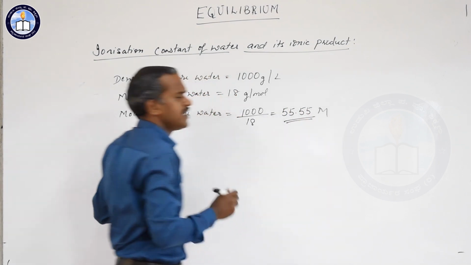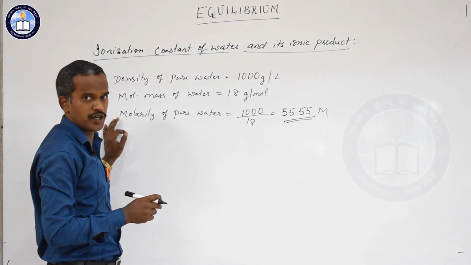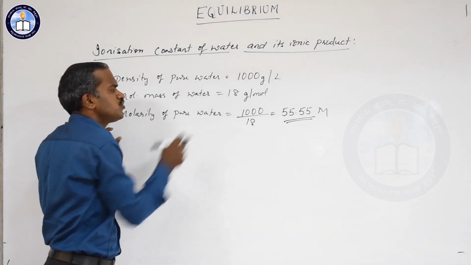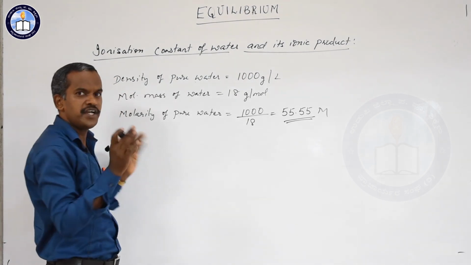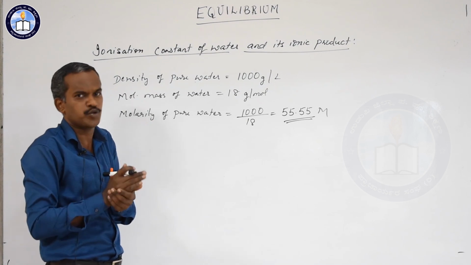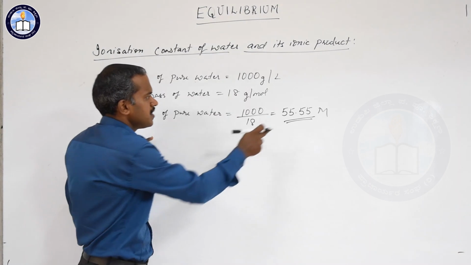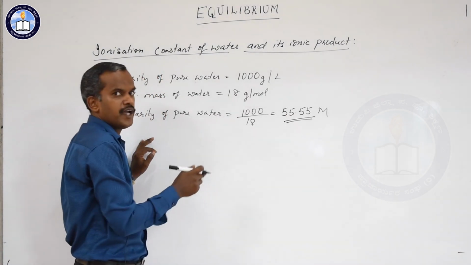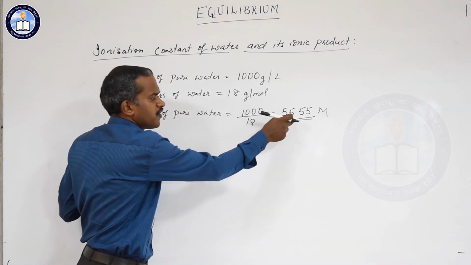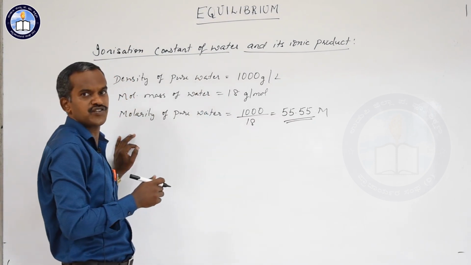This is the molarity of pure water from the density and the molar mass. From this you can understand the ratio of dissociated water and undissociated water. The molarity of undissociated water is this one, and for dissociated we understood 10 to the power minus 7.